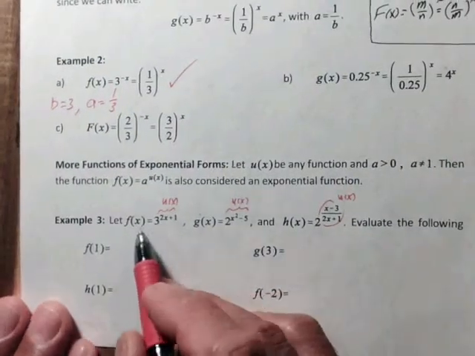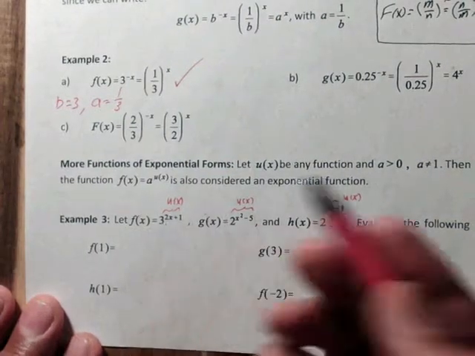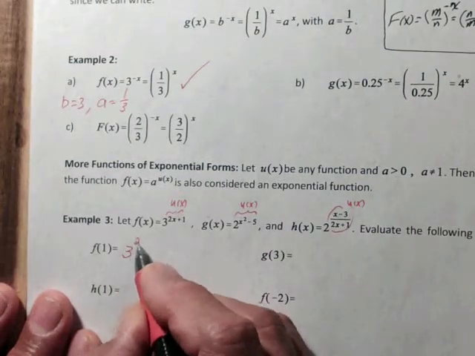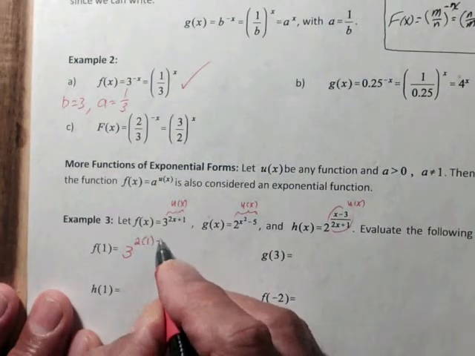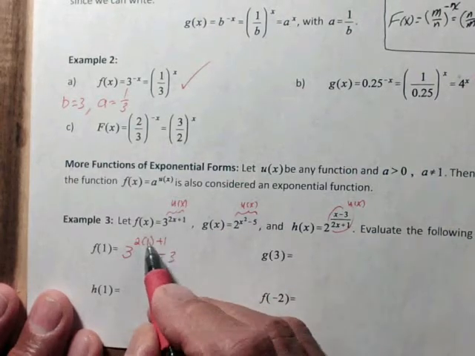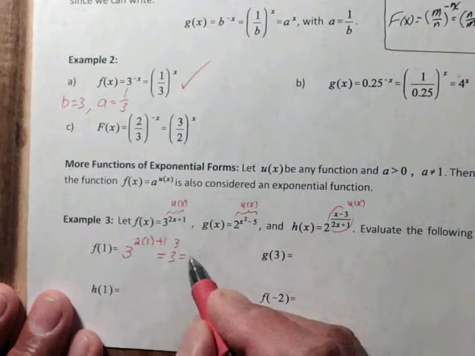Like, if you want to find f of 1, you simply replace x by 1. So this is going to be 3 to the power 2 times 1 plus 1. So 2 times 1 is 2, plus 1 is 3. 3 to the power 3 is 27.